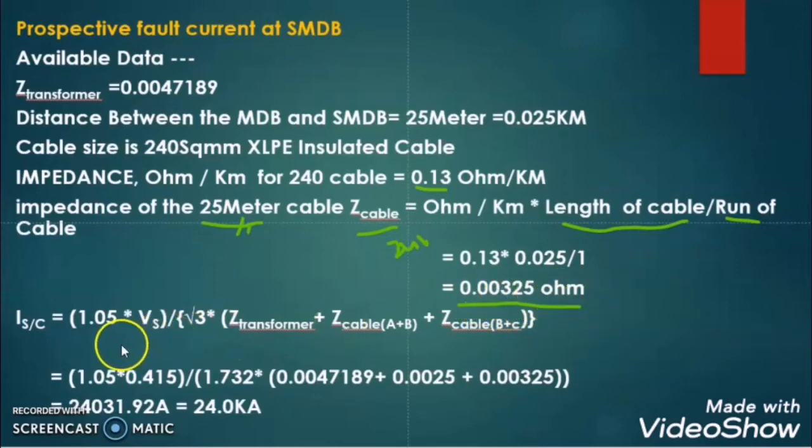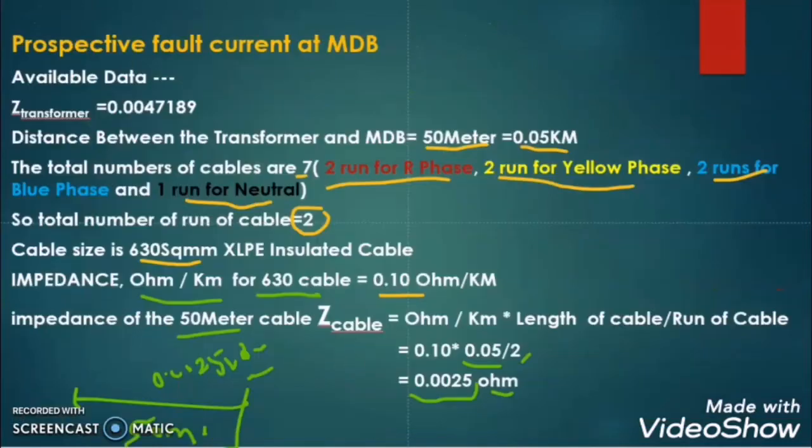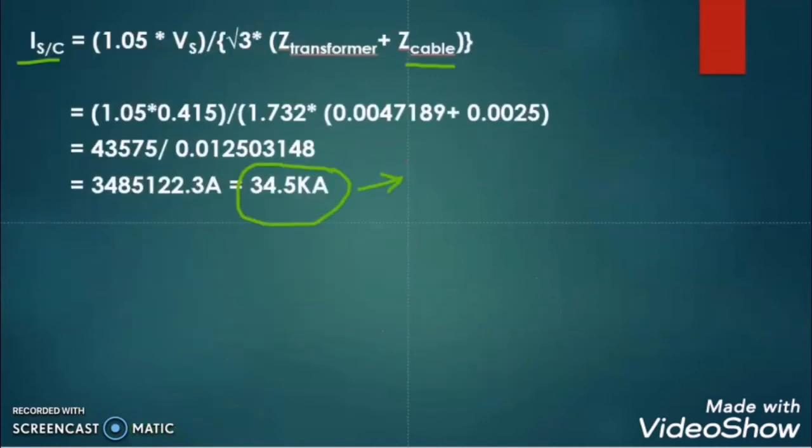When we calculate this, we get the value 0.00325 ohm. In the same manner, the maximum prospective short circuit current at the SMDB level will be 1.05 into secondary voltage divided by root 3 into the transformer impedance plus the cable impedance between point A and B plus the cable impedance between point B and C, which I mention here.